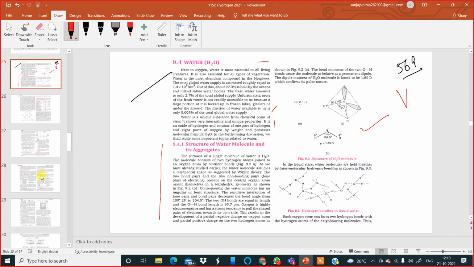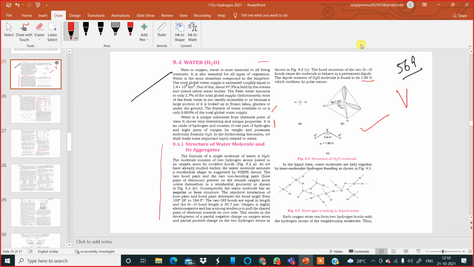This results in the development of polarity in the water molecule. As a result, the dipole moment of the water molecule is found to be 1.85 debye, which confirms its non-linear nature. So that is the structure of the water molecule.